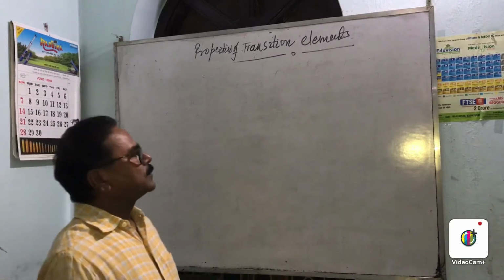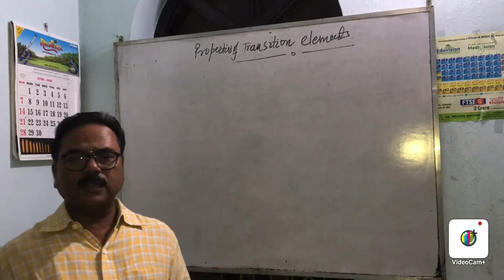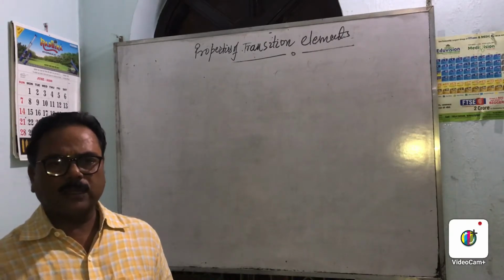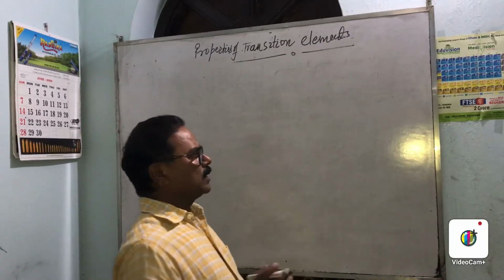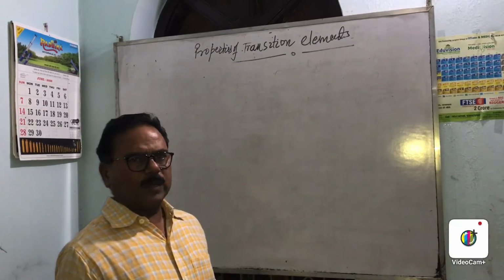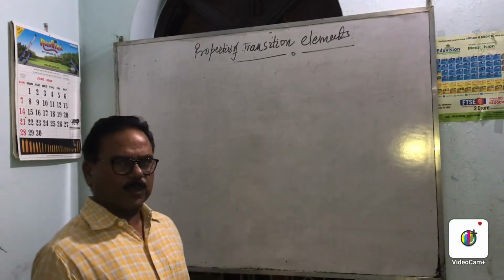Now today, because ionization energy is related to the radius, we need the concept of the radius beforehand. That's why radius variation was discussed in the previous classes.